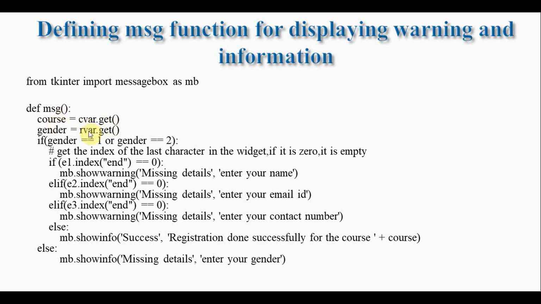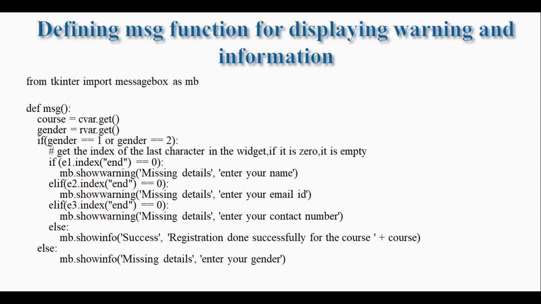And from the radio button, whatever is selected, either value 1 or value 2, will be saved in the gender variable. If you see this condition, the user should have selected either the first option or the second option, male or female, in that case I have some if condition.